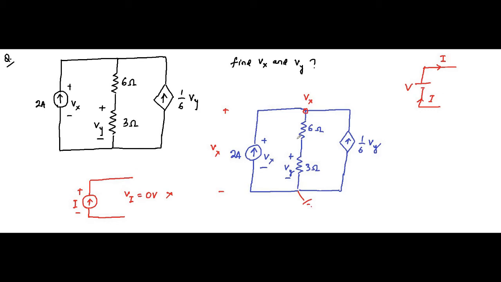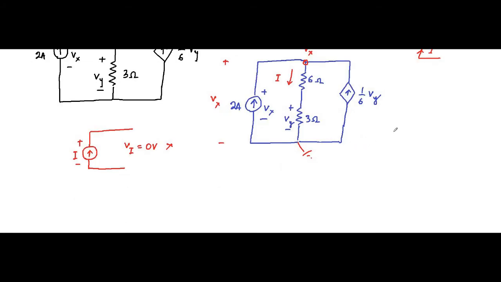Now let's say this current is flowing downwards, let's call it I. I is equal to Vx minus V ground by 6 plus 3 ohm. This is 0 volt, so I is equal to Vx by 9.